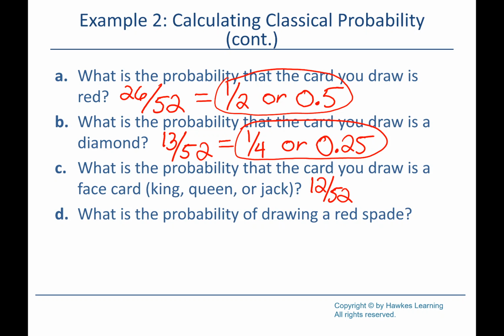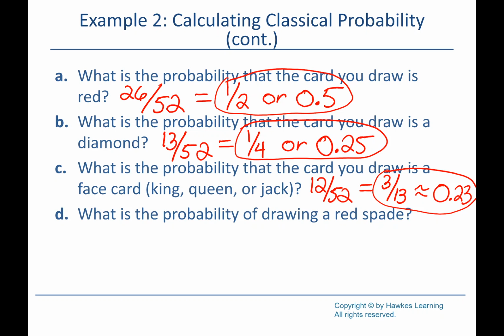Let's see, 6 out of 26, 3 out of 13. Or we have to round a little bit. It's not a nice, neat decimal there. So about 0.23. We round.